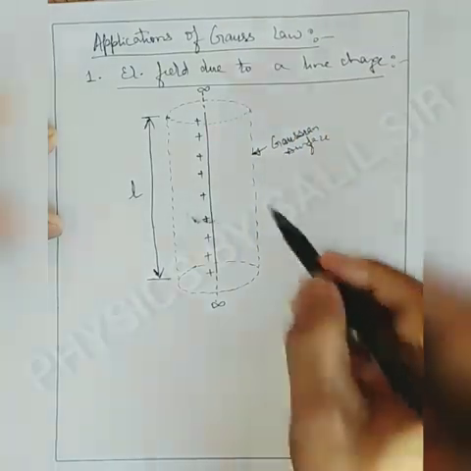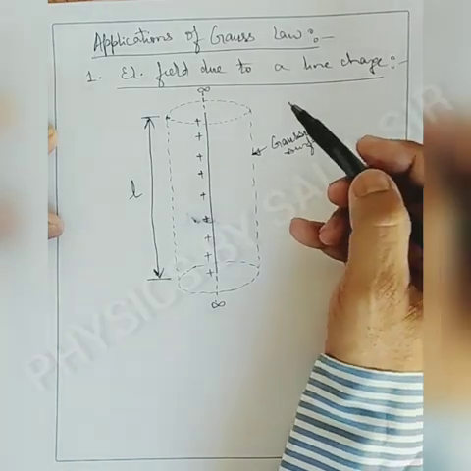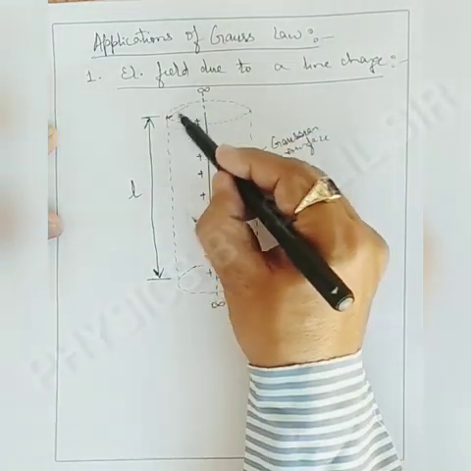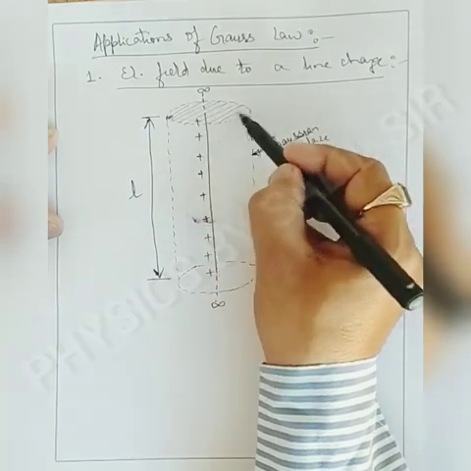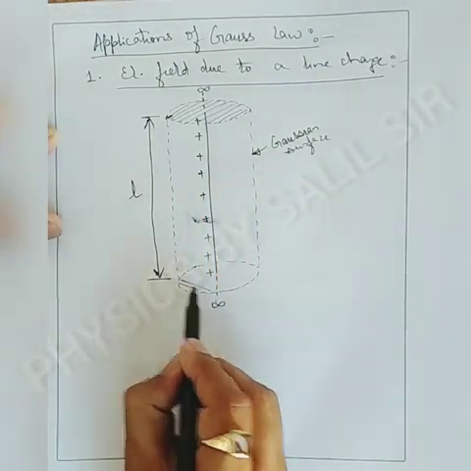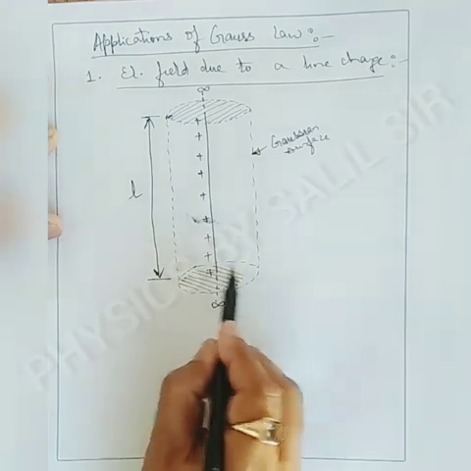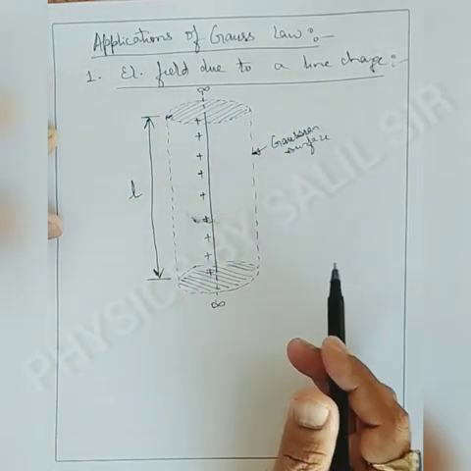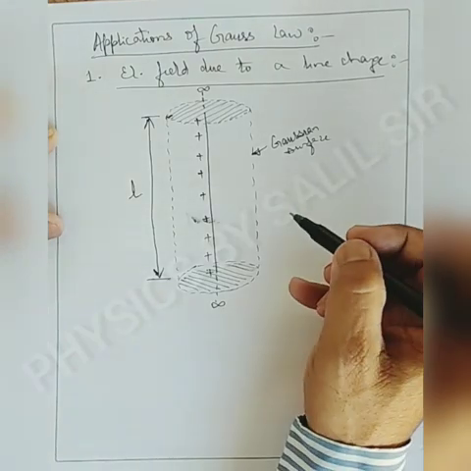We observe that there are three surfaces. The first surface is this face of the cylinder, the second is the other face of the cylinder, and the third is the curved surface of the cylinder.